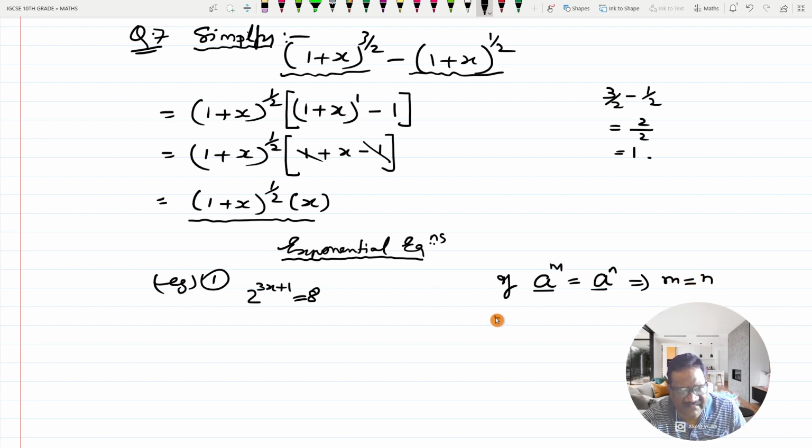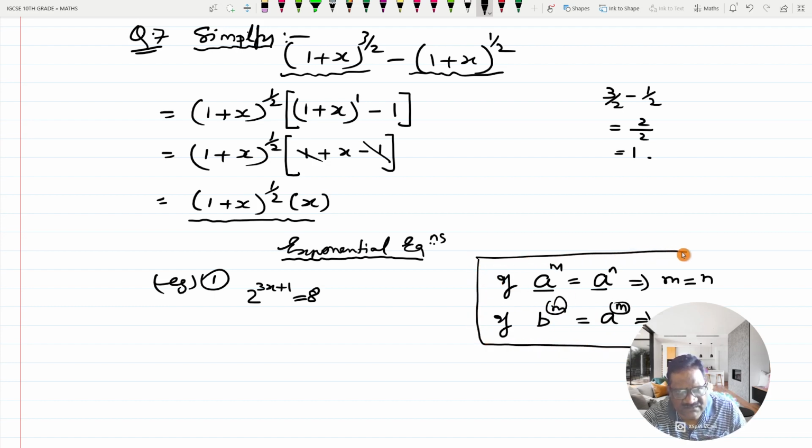Got it? And the reverse of this is also true. If b raised to m is equal to a raised to m, then because the indices or the powers are the same, a will be equal to b, the bases will be the same. Now this is the fundamental thing that you are going to use in solving this type of exponential equations.